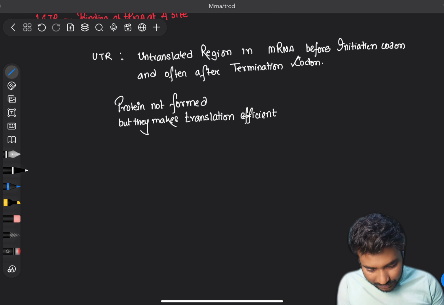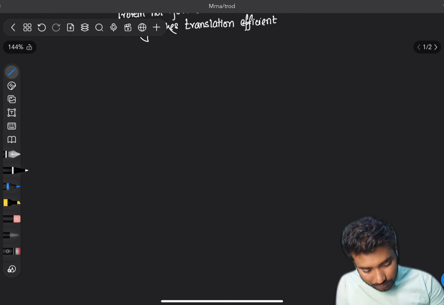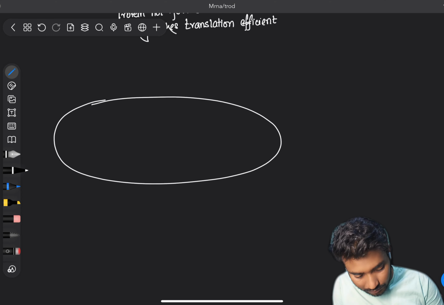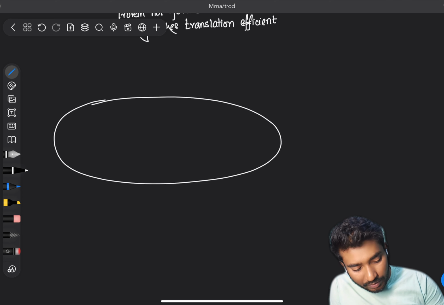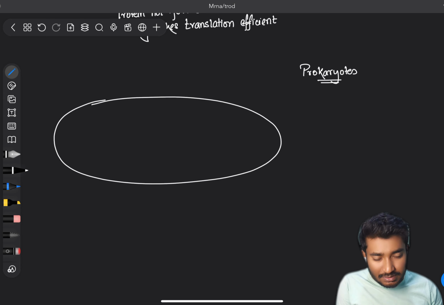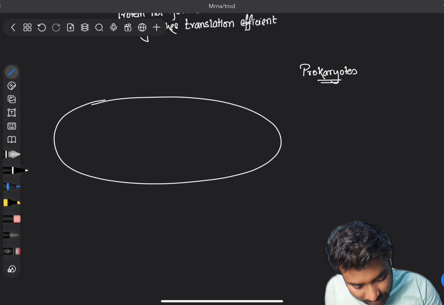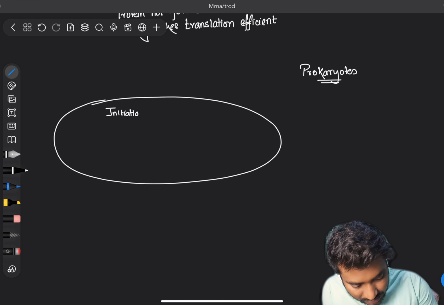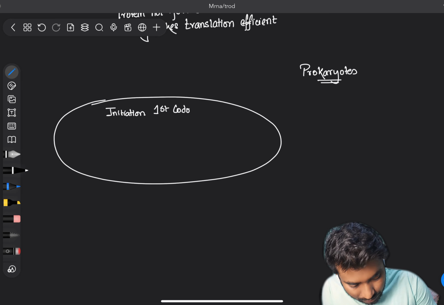Now what happens in prokaryotes? Initiation, first codon.